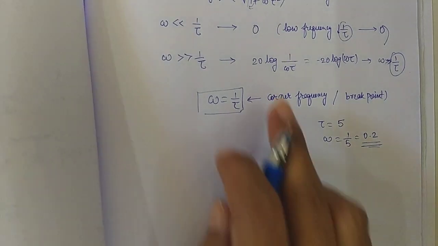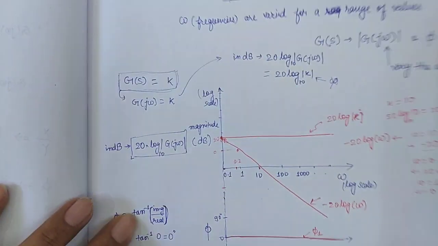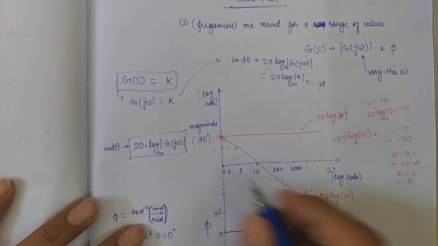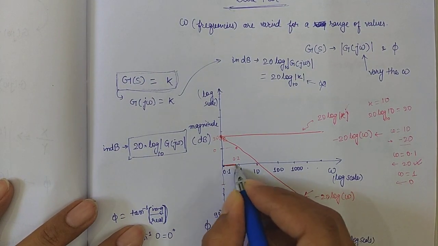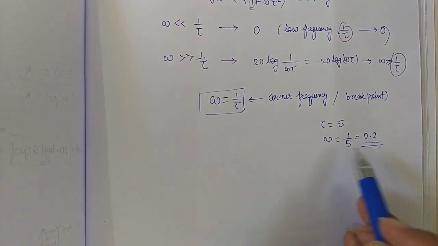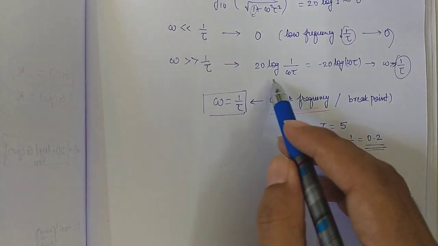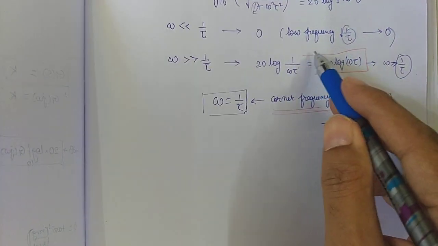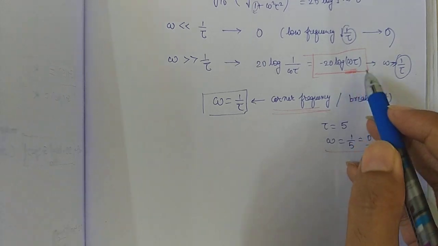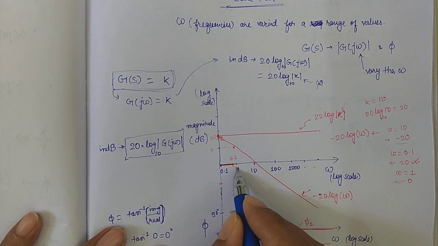Till 0.2 everything goes to 0, so your function will look something like this till here. After that, whenever it crosses this corner frequency, it follows this function, minus 20 log omega times tau. So it will go something like this.